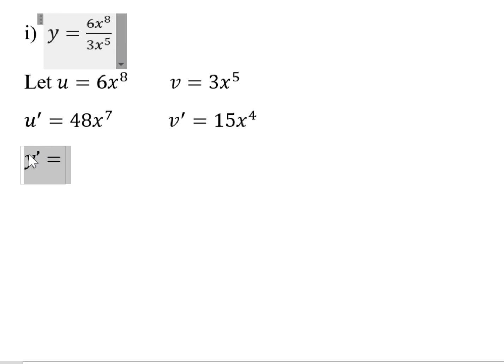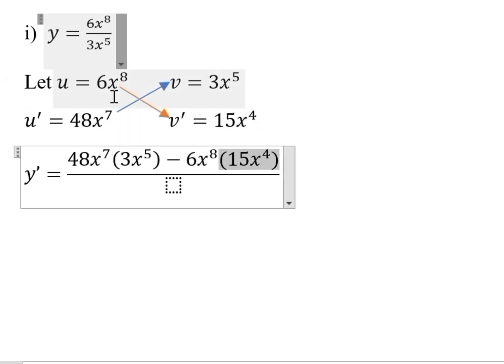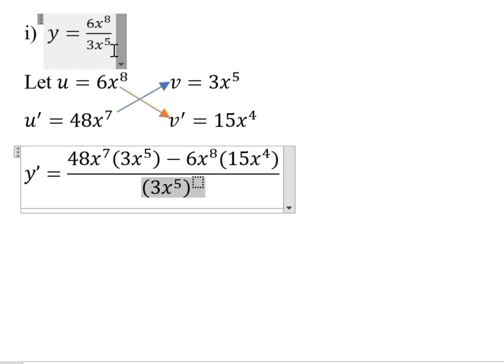It means the derivative will be given by u prime times v minus v prime times u. So you have had this times this minus this times this over v squared.